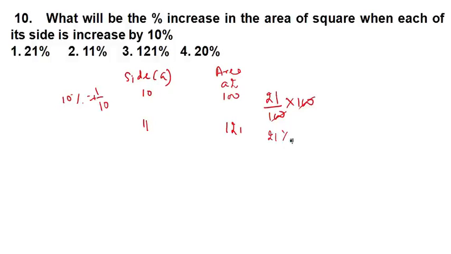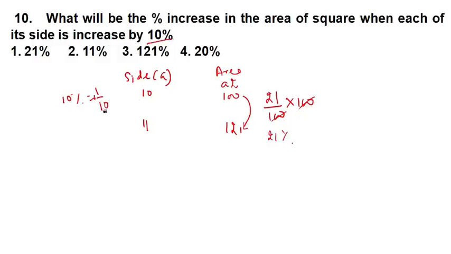Okay, I'll repeat. It is said, what will be the percentage increase in the area of a square when its side is increased by 10%? Side is increased by 10% means 1 by 10.